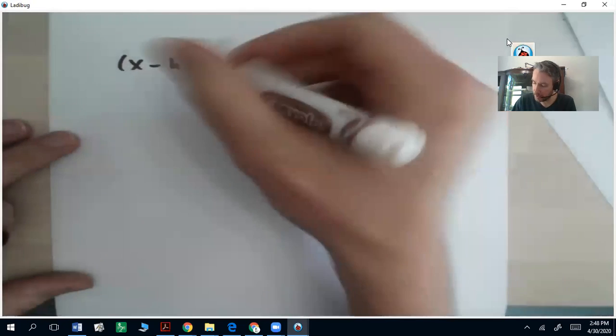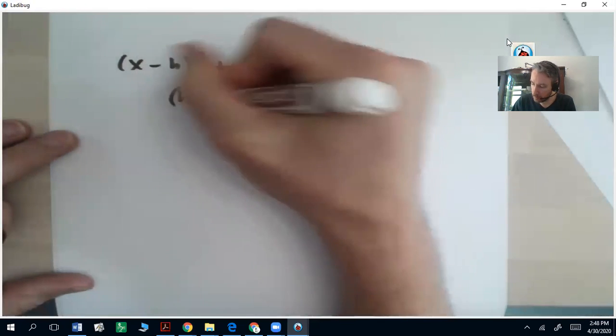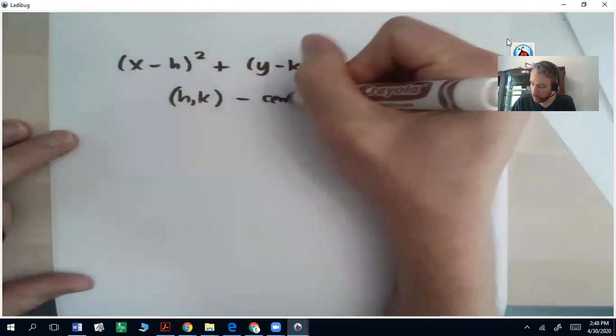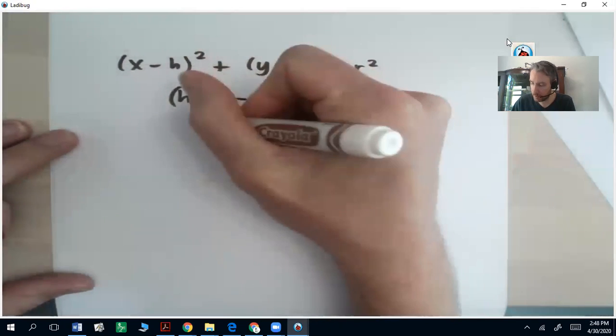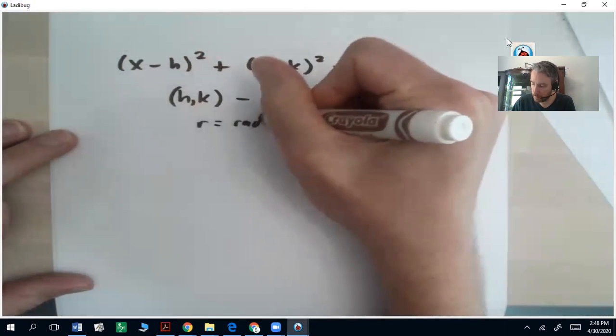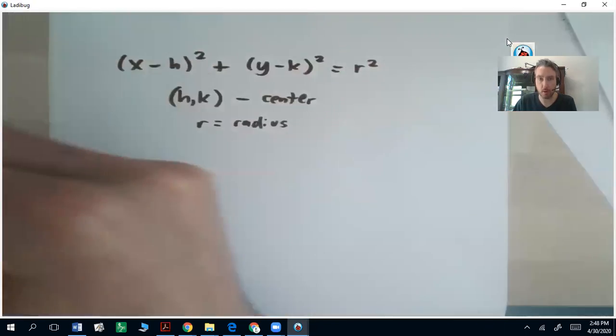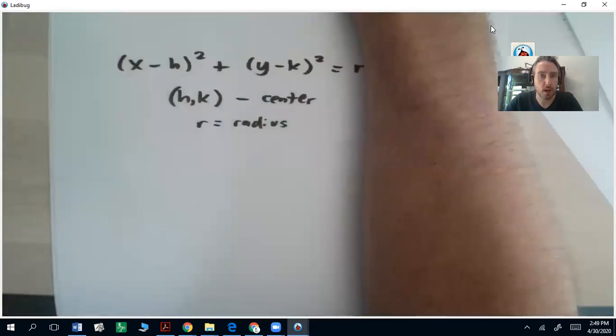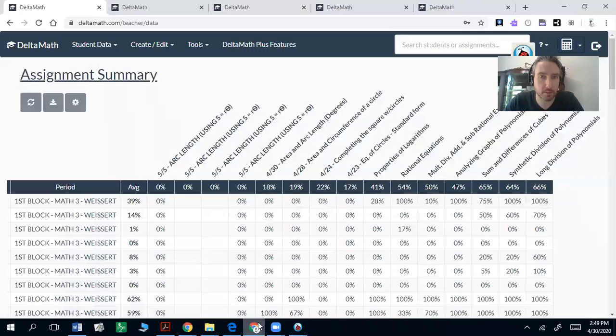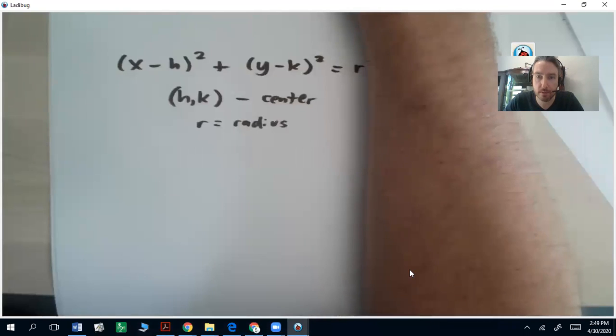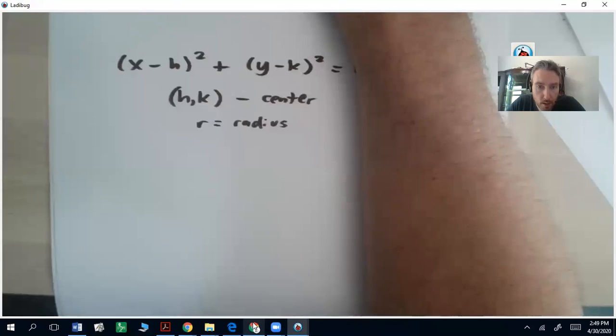And h and k is the center, and r is the radius. So we're going to take this problem here that we have, and we'll apply it to our Deltamath problem.